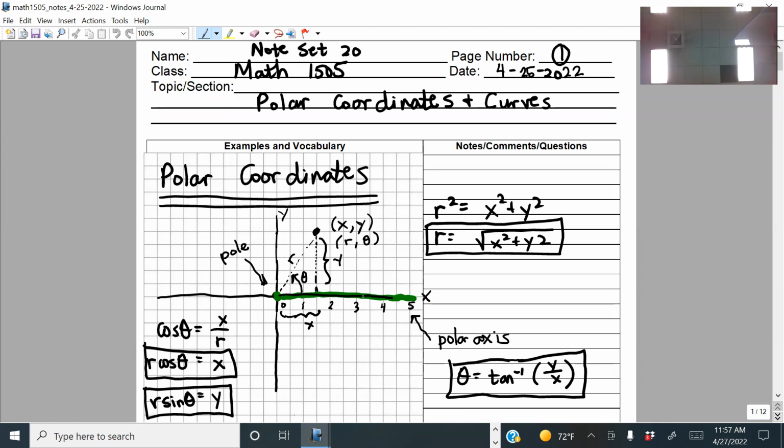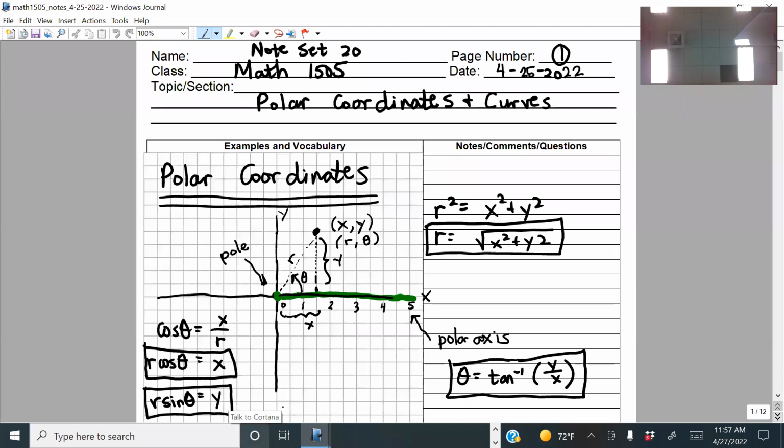So this dark green area here is the axis that you draw. It's a horizontal line in the polar coordinate system. So you only get one axis, which feels a little bit disorienting, because you don't have two axes.